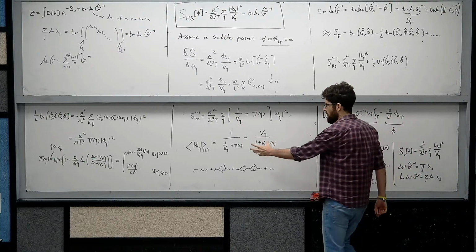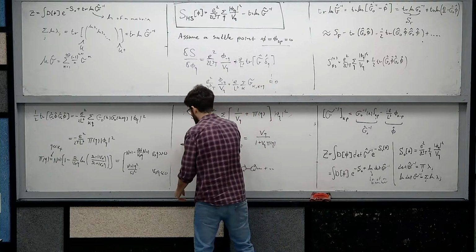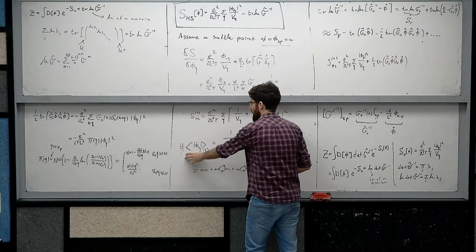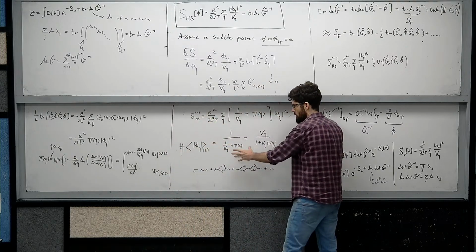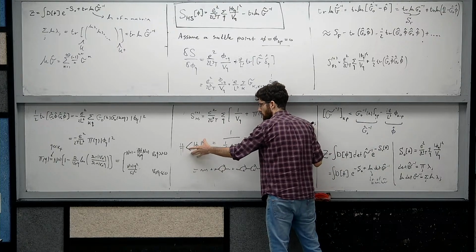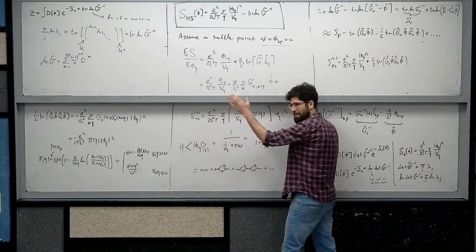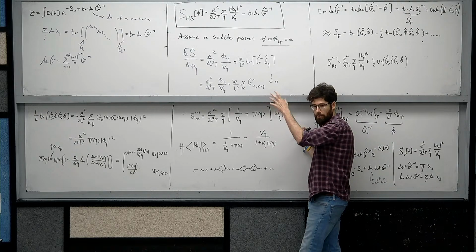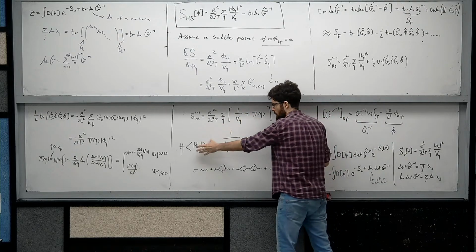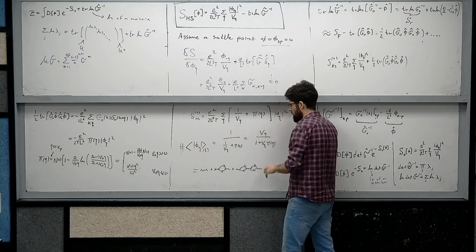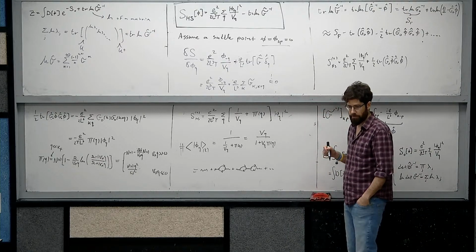So we can interpret, up to some factor which depends on your definitions, the correlator of this field phi, which couples to fermion density, as giving you the RPA interaction.